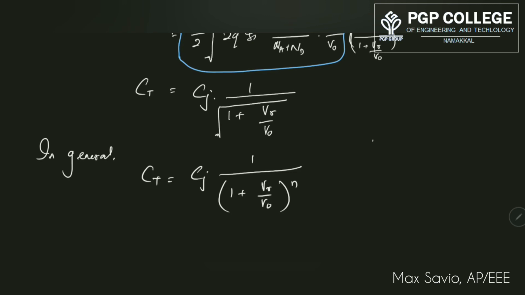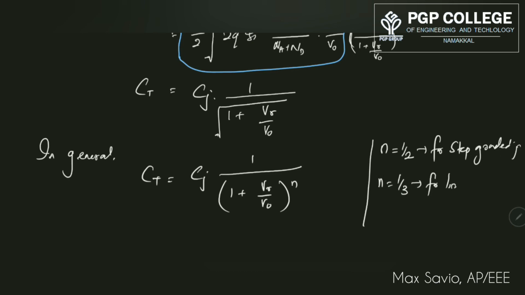And the value of n will be 1 by 2 for step graded junctions, and 1 by 3 for linear graded junctions. So you can use either of these equations, and by knowing the value of n, you can substitute it into the equation.